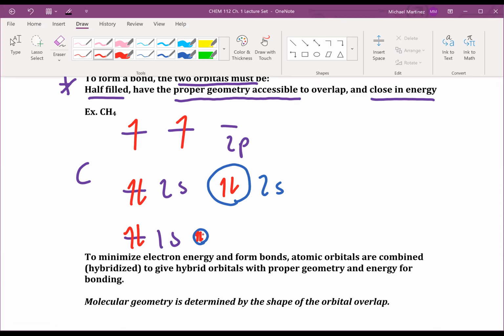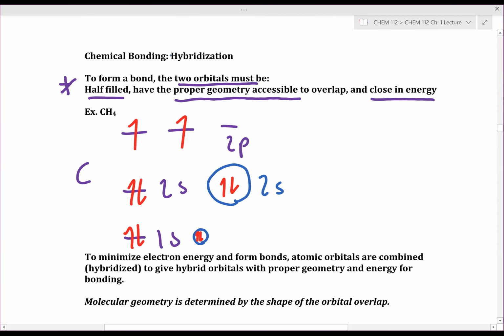Okay, how many 2p orbitals do we have to work with? How many total do we have? 3, and how many of them have electrons? 2. Okay, so let's draw them out. Again, they have different shapes, different geometries.